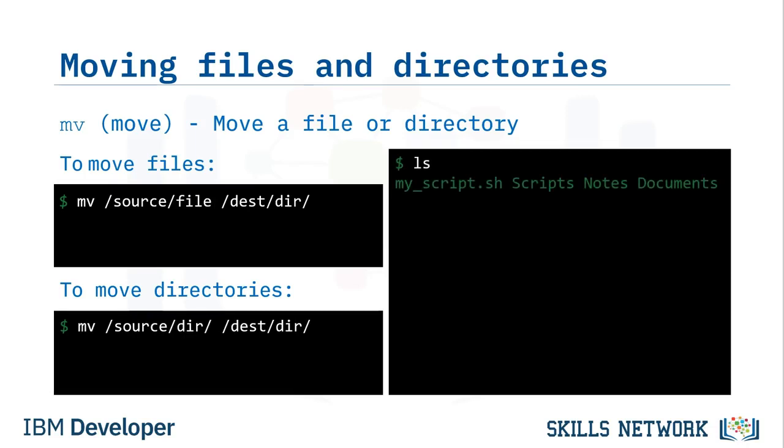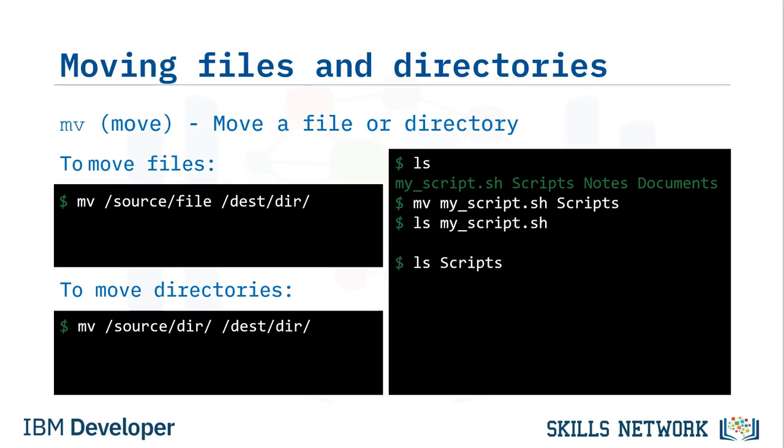Suppose you have a file called my_script.sh and 3 folders called scripts, notes, and documents. You can move my_script.sh to your scripts folder using the syntax from the left. Accordingly, entering ls my_script.sh returns nothing.